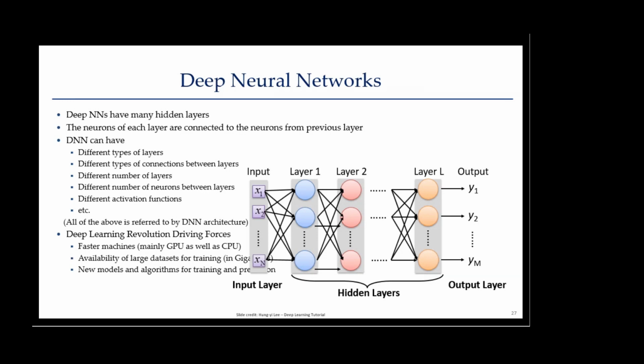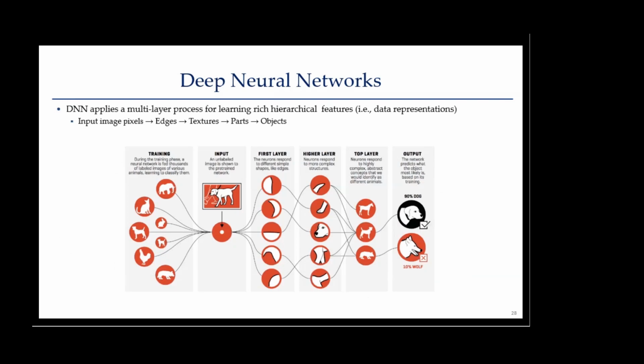This is an example of a deep neural network which illustrates what each layer actually outputs. This is our input here, an image, and this network is trained to figure out what type of animal this is. There are several hidden layers. The first hidden layer is useful in extracting edges of the input data.